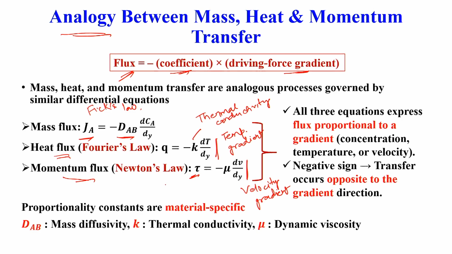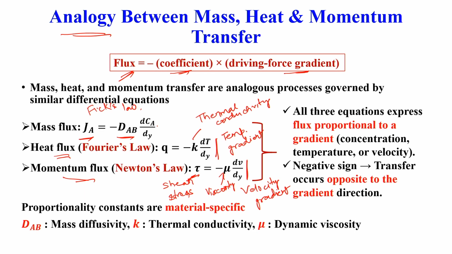So, this shear stress is proportional to the velocity gradient, and the proportionality constant is viscosity, right. If you see in all three processes, heat, mass and momentum transfer, the rate or the flux is directly proportional to the driving force gradient.